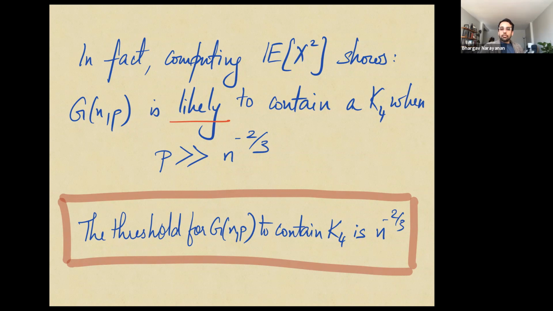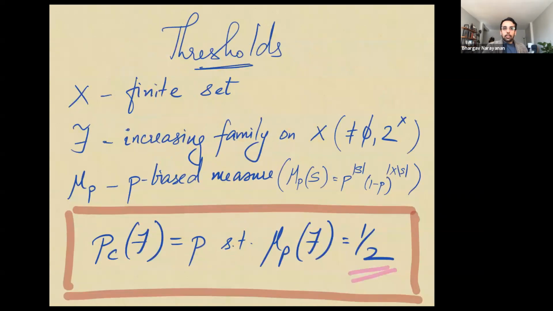Okay, so let's set up what I've just said in a slightly more general context. So we'll define thresholds in a more general setup, which will be very similar to what we did with random graphs. We'll start with any sort of finite ground set.